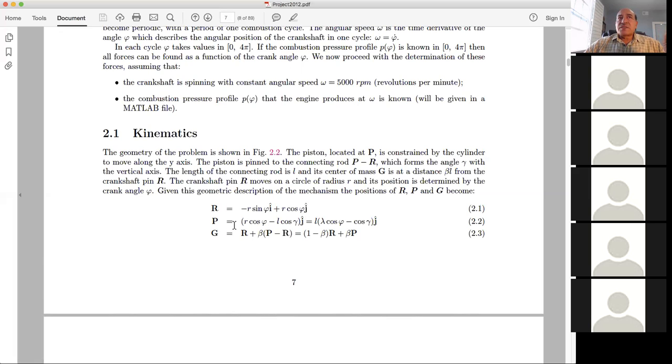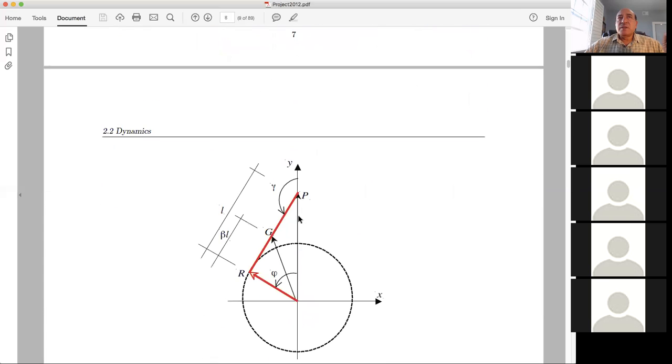We can also describe P in terms of the angle phi, but then we see that there's an angle gamma as well. And it's all in the j direction because P moves up and down vertically only, because it's constrained by the cylinder.